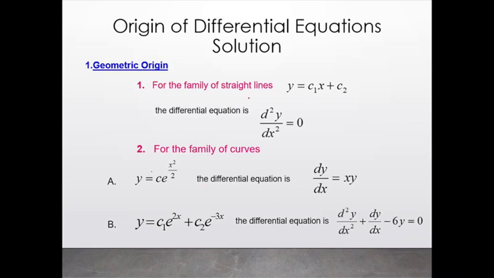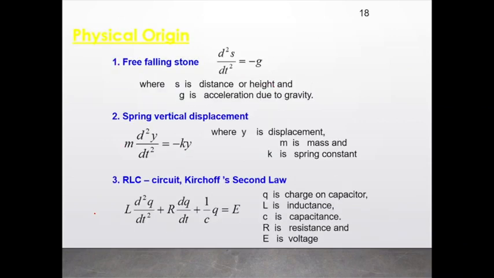For the family of straight lines, the differential equation is this: the second derivative is equal to 0, and so on. I will be posting this PowerPoint presentation in our course so that you can view it.